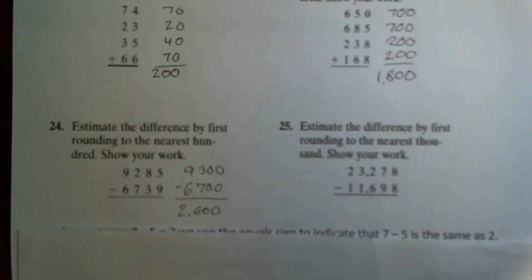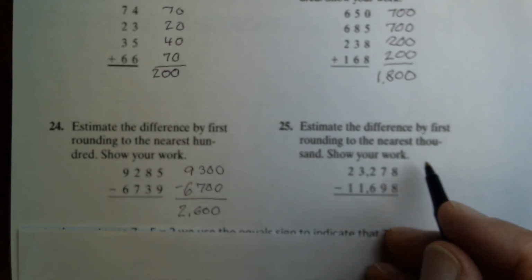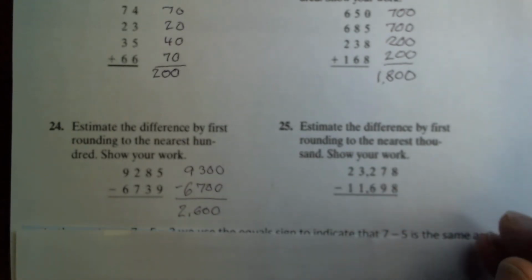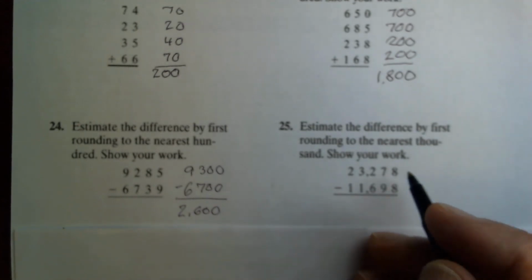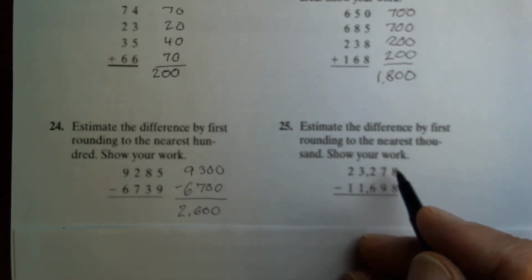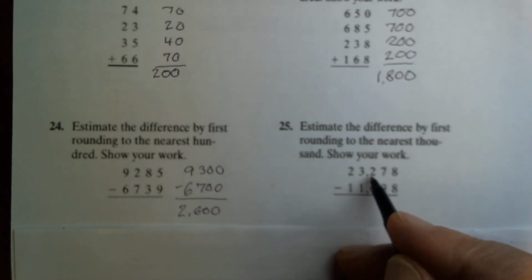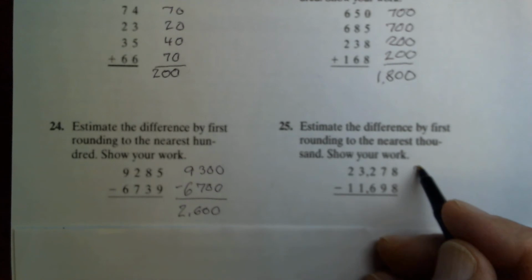And here we are supposed to find the difference by first rounding to the nearest thousand. So we have 3,000 followed by 2, so we round that down to 23,000.